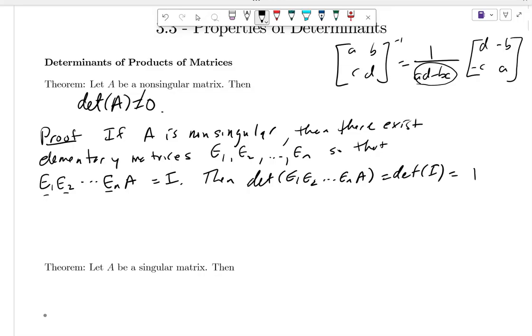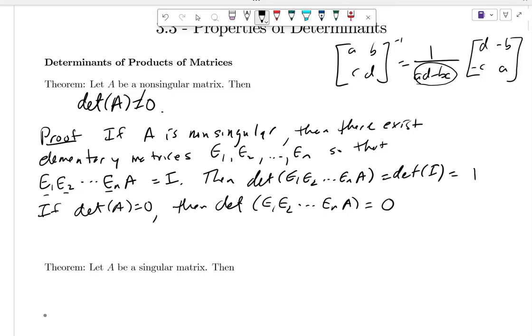And if we did the third one, it wouldn't change it at all, so it'd still be 0. So if the determinant of A is equal to 0, then the determinant of E1, E2, En times A would still be 0, since the elementary matrices wouldn't change that.